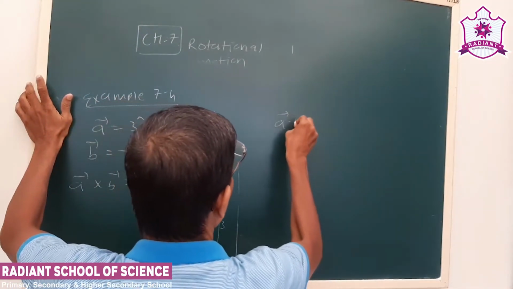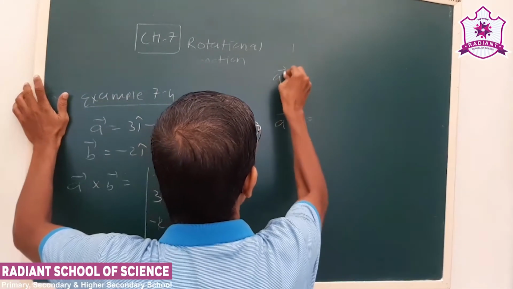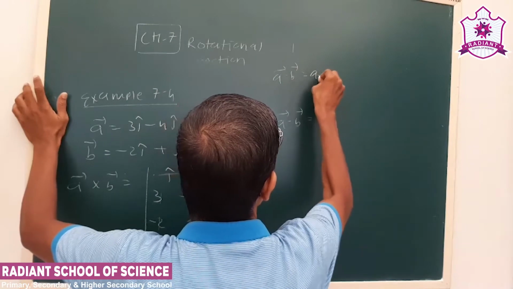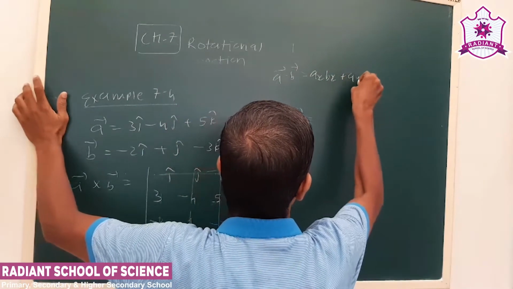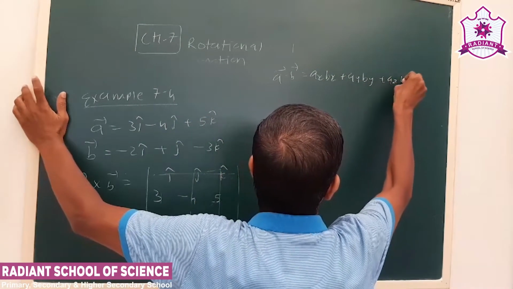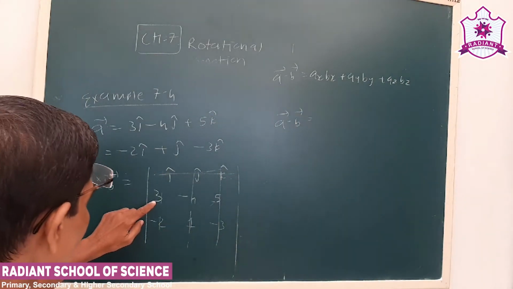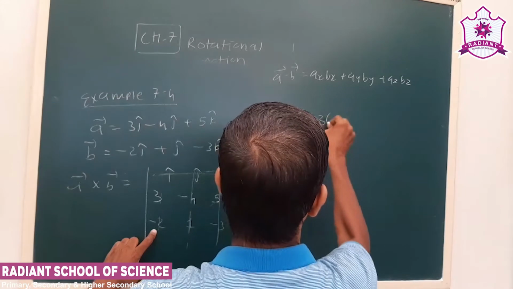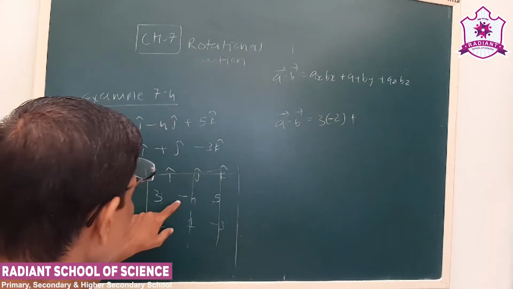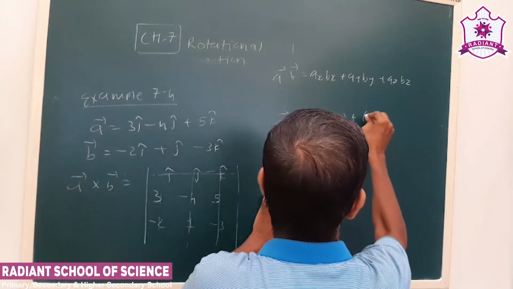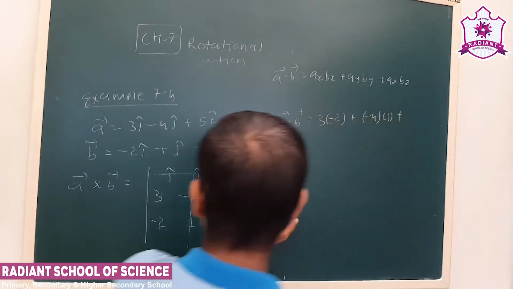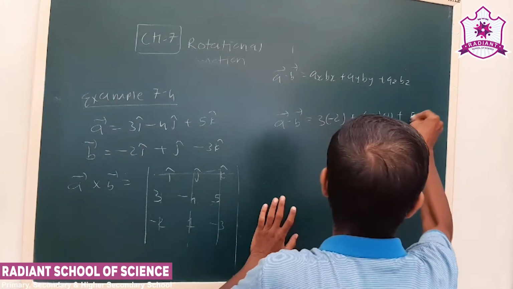The scalar product of two vectors, A dot B, with Cartesian components is AXBX plus AYBY plus AZBZ. So AXBX will be 3 into minus 2, plus AYBY will be minus 4 into 1, and AZBZ is 5 into minus 3.